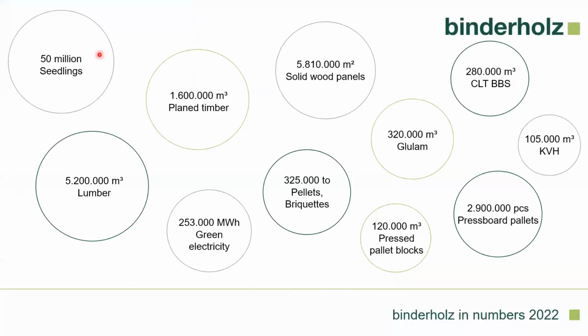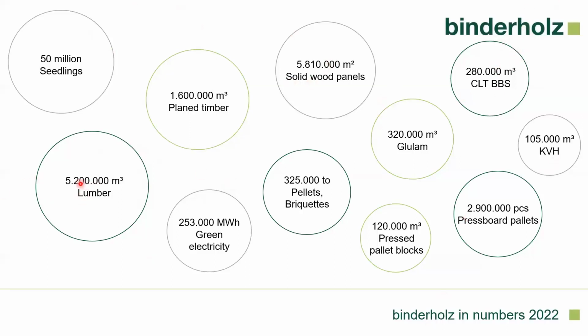This brings me to the numbers. 50 million trees we are planting each year. And we are producing around 5.2 million cubic meters of lumber, which means between 7 and 8 million cubic meters of trees cut down. As we heard before, the important thing to understand is that it's not only CLT.